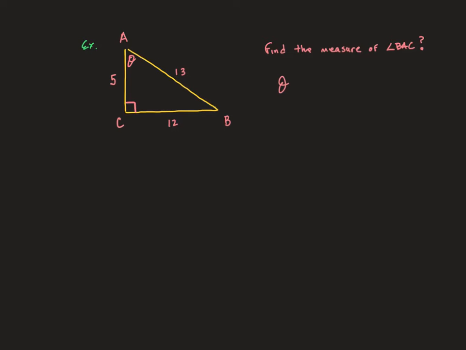So in reference to theta, we have 12, right? 12 is going to be the opposite of theta. The hypotenuse is 13, and then 5 would actually be the adjacent.